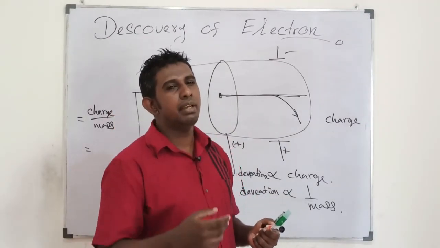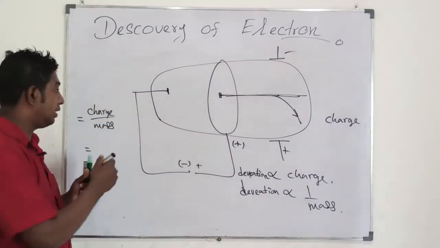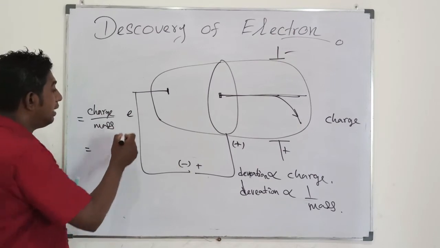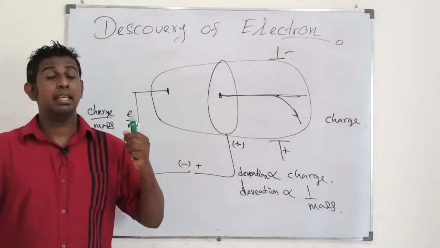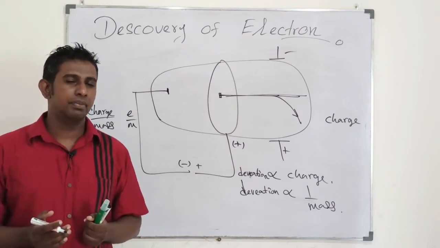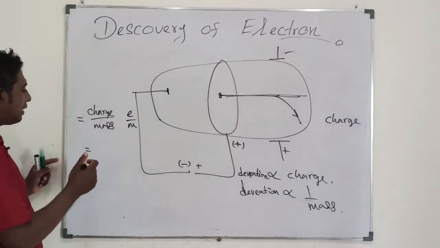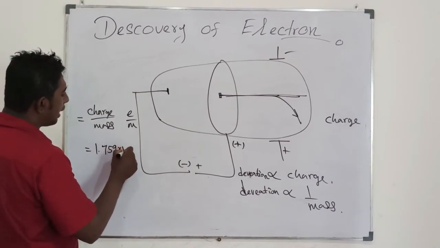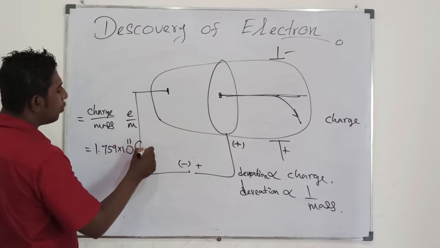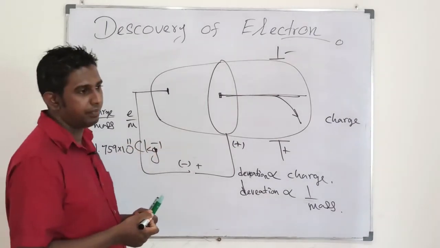Therefore, based on the deviation, he gave a value. Charge is e, mass is m. Charge over mass ratio, he calculated a value. So students, the value he got the very first time was 1.759 × 10^11 coulombs per kilogram.